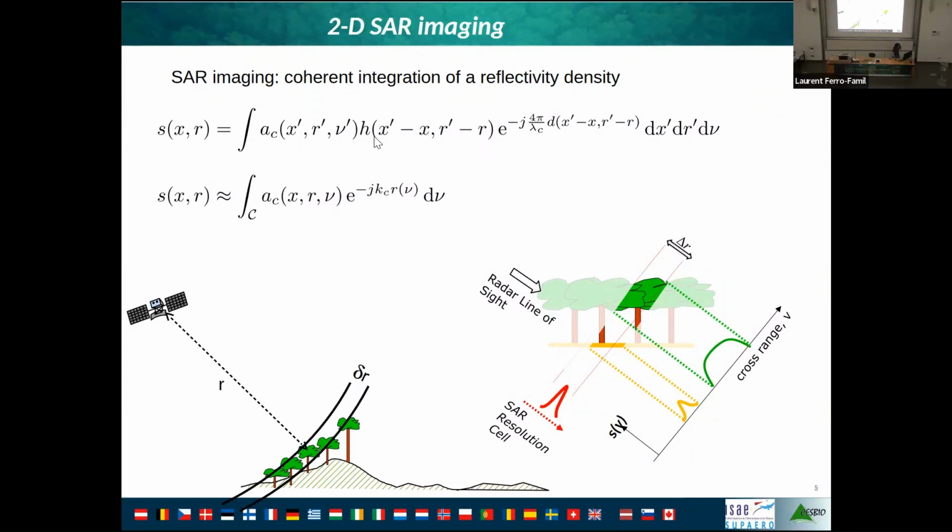If we have a narrow enough impulse response, we can simplify this expression to this one, where the 2D SAR image is just a sum within a resolution cell, which is represented here, of the reflectivity of the scene times an exponential with the phase, and the value of the phase depends on the actual position of the scatterers you are considering inside the resolution cell and on the wavelength.